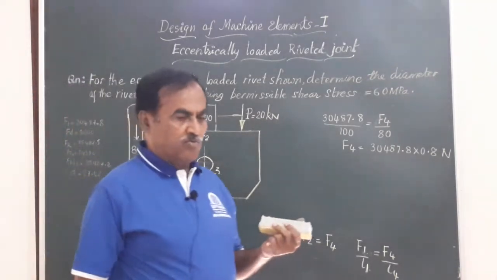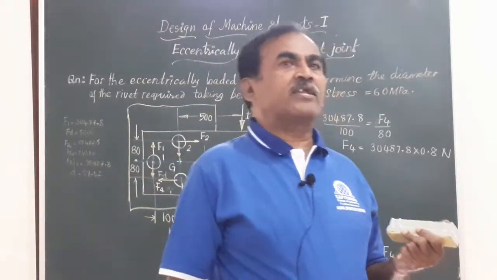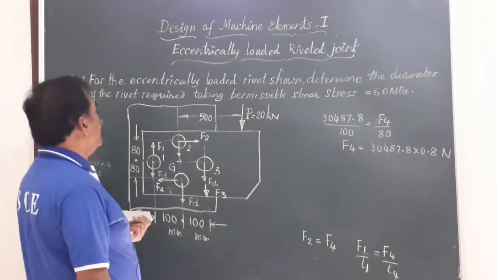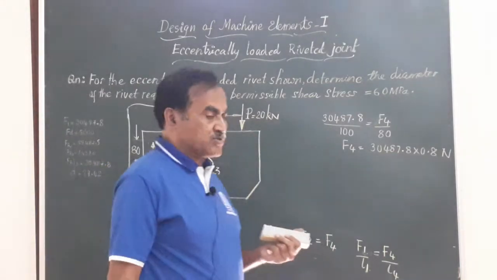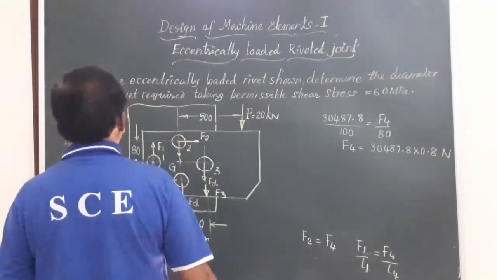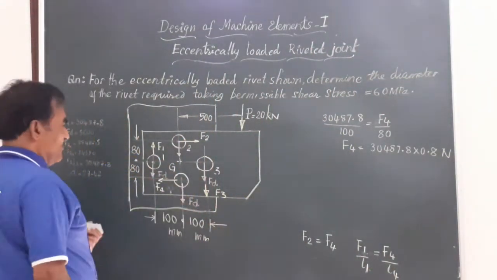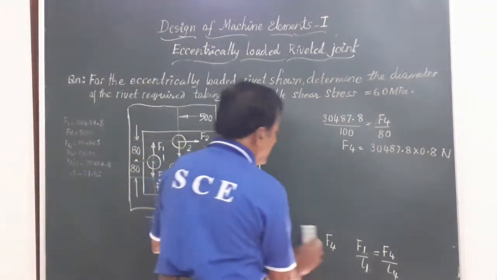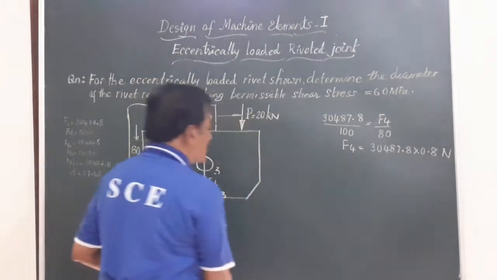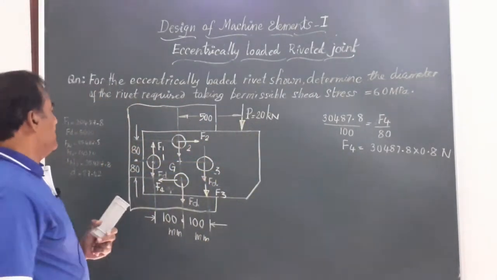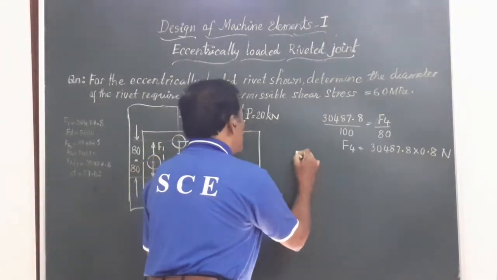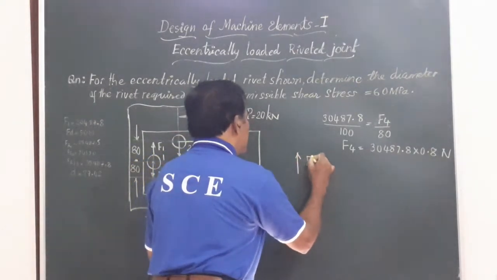Friends, you have marked the value and the direction of the direct load and the secondary load, and now our aim is to locate the heavily loaded rivet among these 4 rivets 1, 2, 3, 4. I will take these rivets one by one. If you take rivet number 1, you have a load F1 acting upward.